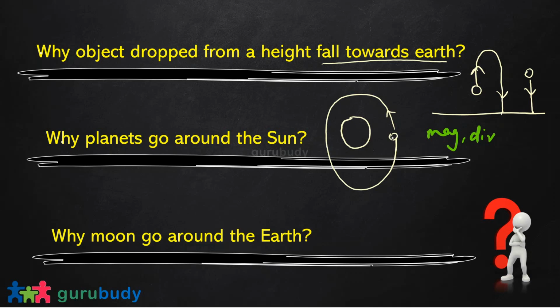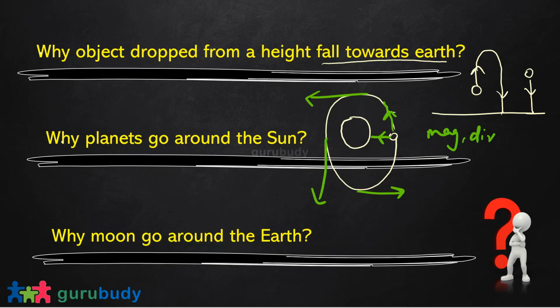The direction of the Earth is always changing as it revolves: at this point its direction is here, at this point its direction is here. So the velocity of the Earth is changing, and we know from Newton's law that change in velocity is connected with force. So there is some kind of force acting on the Earth which makes the velocity change. What is that force? And similarly, all the planets, as they revolve around the sun, have the same kind of force, right?